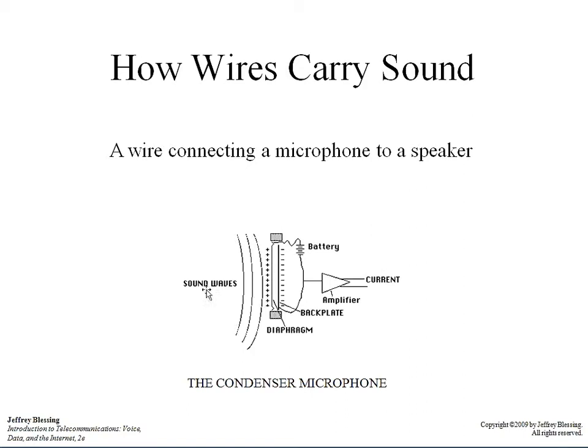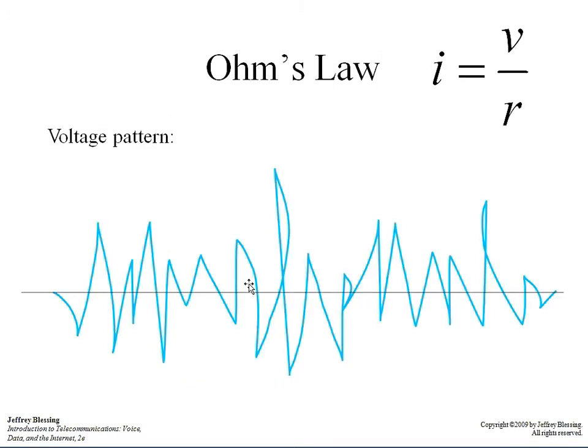As the sound waves hit the diaphragm, the granules of carbon shift a little bit. That shifting of the carbon granules changes the resistance of the carbon. Changing the resistance of the carbon is going to have a direct effect on changing the voltage. On the next slide, we'll look at Ohm's law that describes this phenomenon completely.